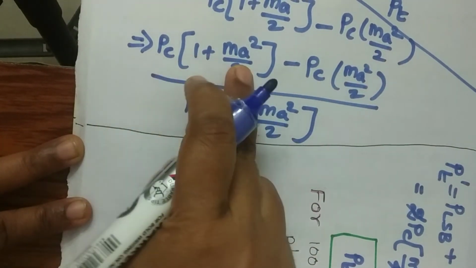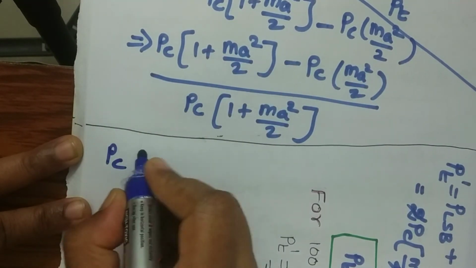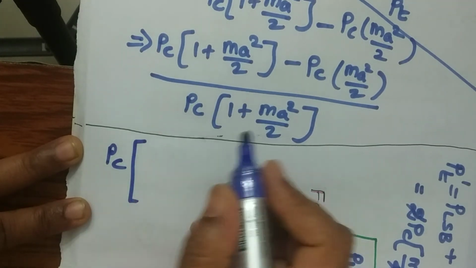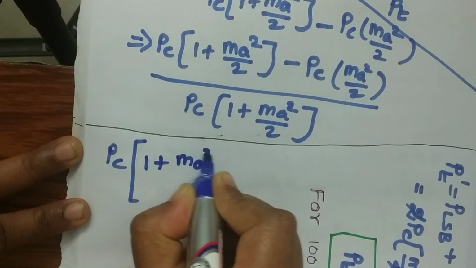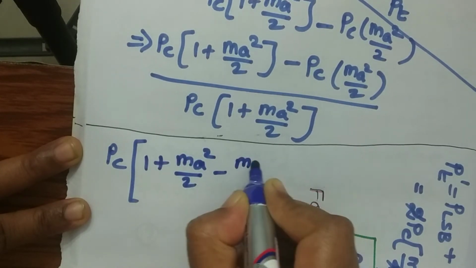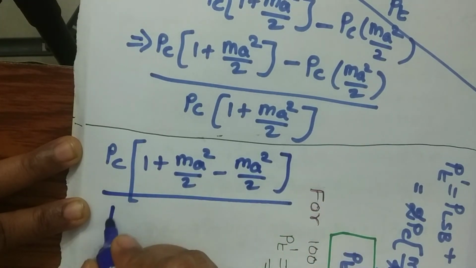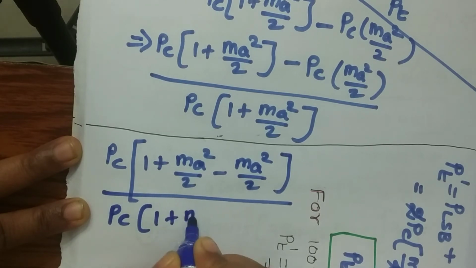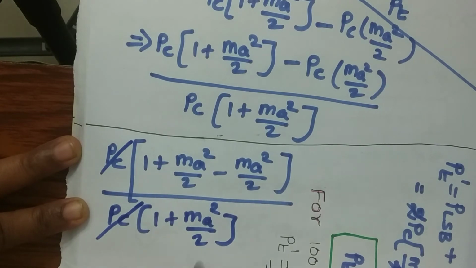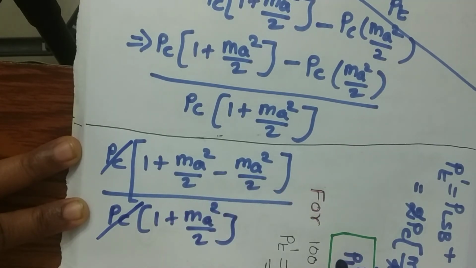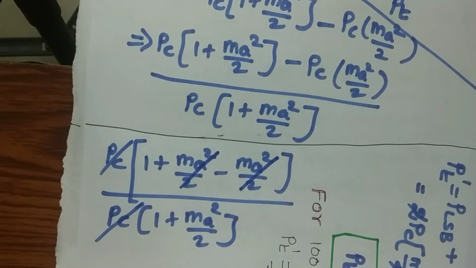Then I am expanding this step. I am taking PC common, outside. So the equation will be 1 plus MA squared by 2 minus MA squared by 2, whole divided by PC into 1 plus MA squared by 2. PC and PC get cancelled. Plus MA squared and minus MA squared get cancelled.